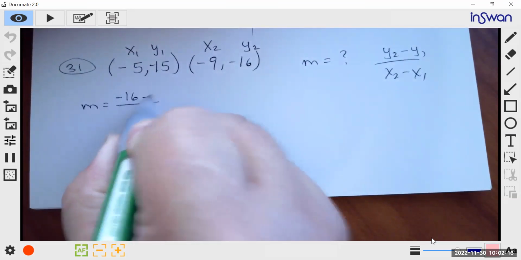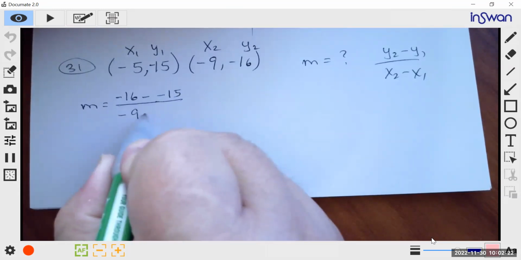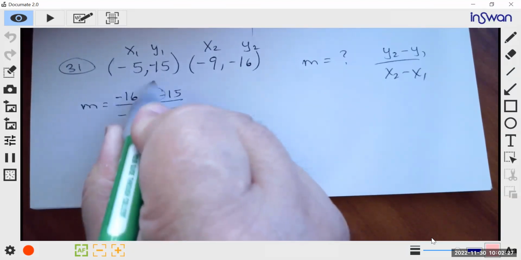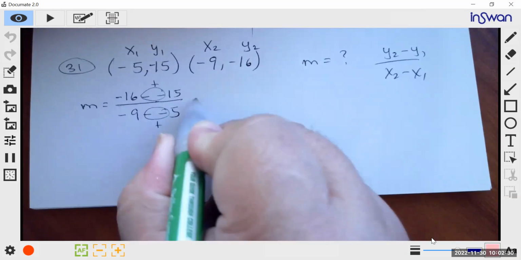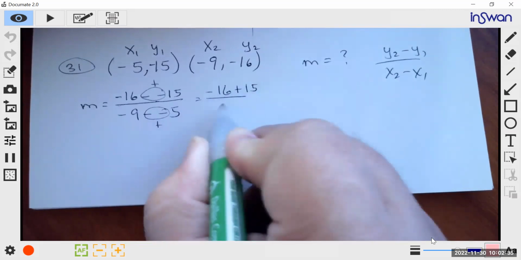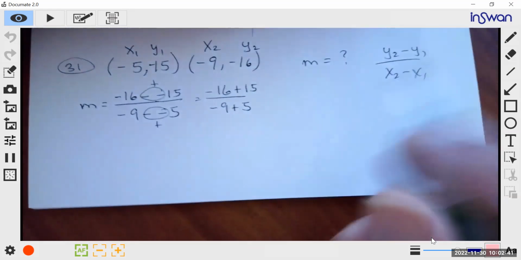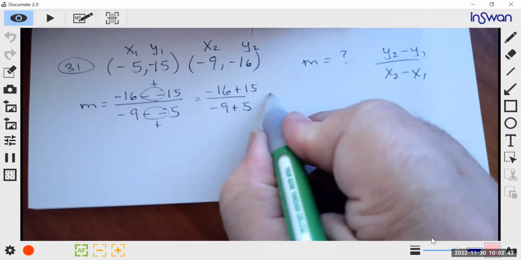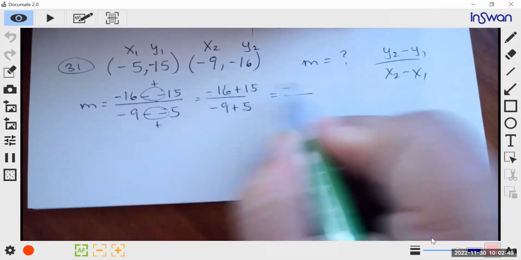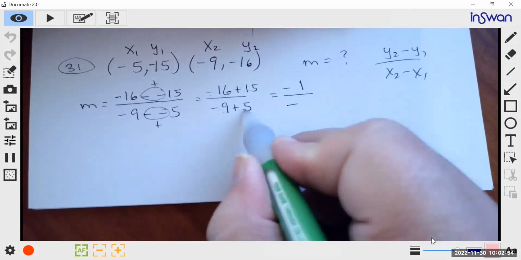-16 minus y1, which is -15, over -9 minus -5. So we have -16 plus 15 over -9 plus 5. -16 is bigger, so the answer is negative on top. 16 minus 15 is 1. 9 is bigger than 5, so its answer is negative. 9 minus 5 is 4.